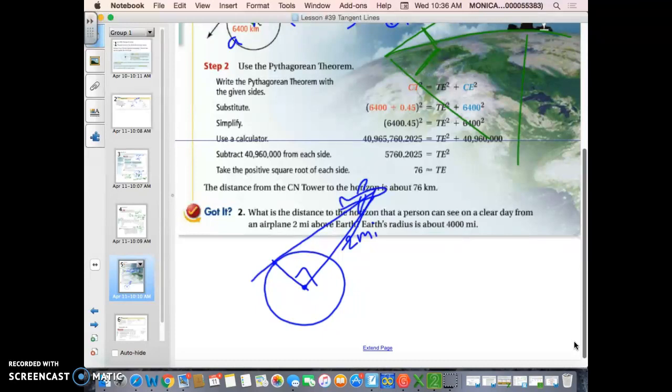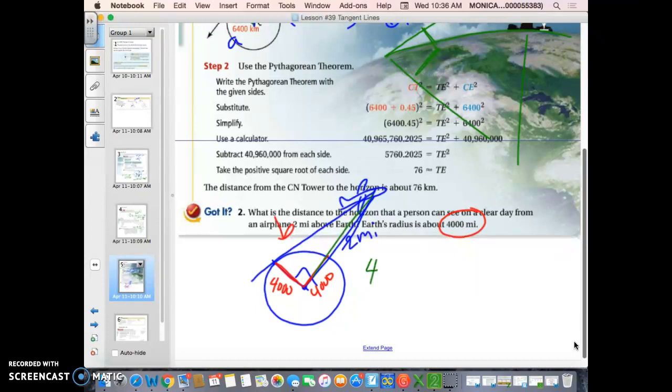I want to know this side again. How far the person can see back to the horizon, back to the Earth's horizon. And this time I'm looking at 4,000 miles. So this is a radius, this is a radius. So both of these are 4,000. Okay, so this is my entire hypotenuse.